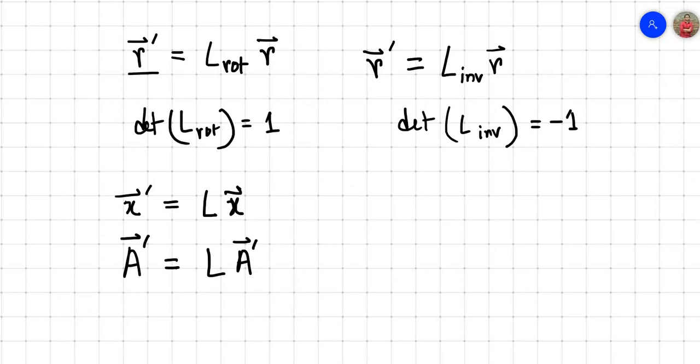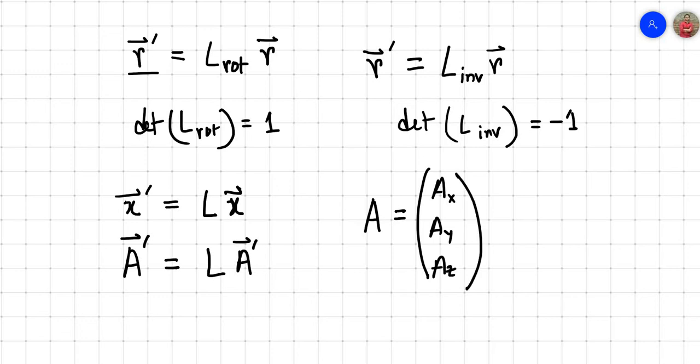Now, as we explained earlier, if we represent the vector as a column matrix, for example, some a x, a y, a z, then these are, in this case, 3x3 matrices, and if this is an n-dimensional vector, then these are n×n matrices.